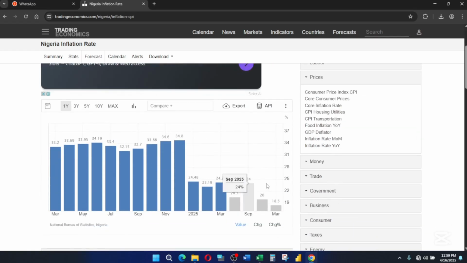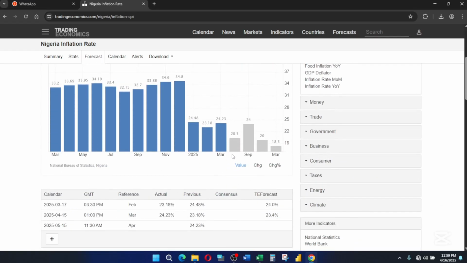If you look at here, these are the projections these people make. Since we are using their projections, we're going to say, okay, they assume that in March, which is this one, the current year, the current period, the inflation is 24.23%. Now, they're assuming that within this March to June, the inflation will come down to 20.50%, right?